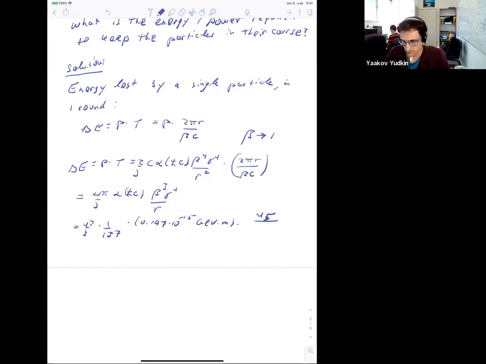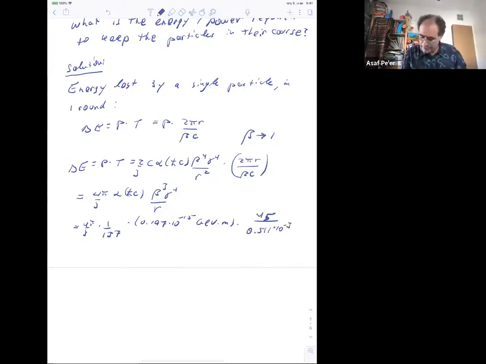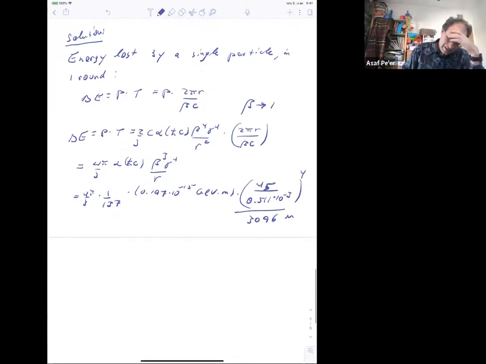The electron is 2,000 times lighter than a proton, and the proton is 1 GeV. Not exactly, but good enough. So divided by 0.511 MeV, that's 10 to the minus 3, to the power 4. The beta I neglect. The R is 3,096 meters. Plug in everything, and you end up with 0.117 GeV or 117 MeV. So that's the energy loss per particle per round.